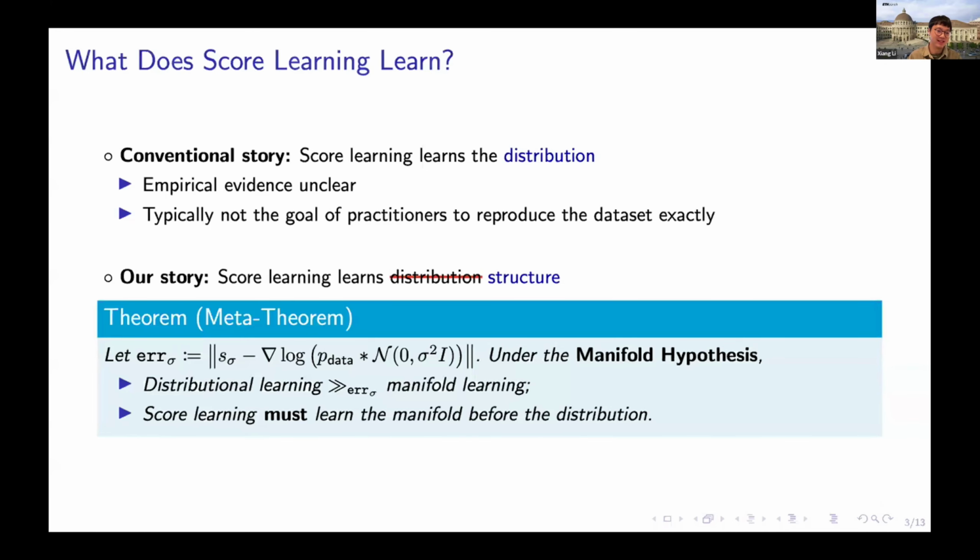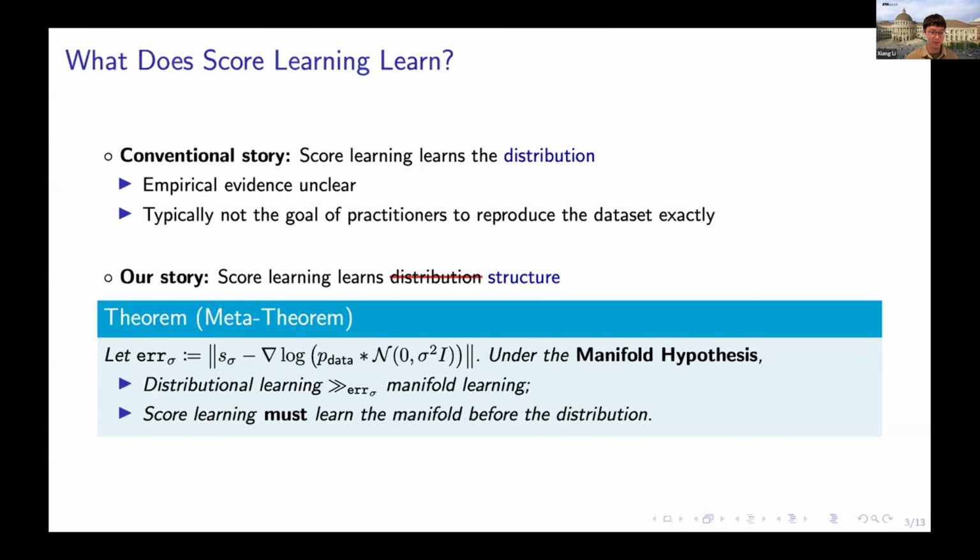I think you will see it more clearly later when I list the detailed theory. Here I'm just saying that in practice, score learning might implicitly learn a manifold, and it might not accurately learn the distribution. Basically, to learn the distribution, first you have to learn the manifold.